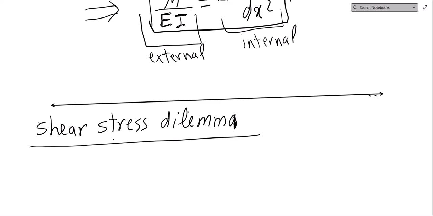But in Euler beam theory, this connection is lost, and we have to recover the shear stress as a required quantity to satisfy the equilibrium.